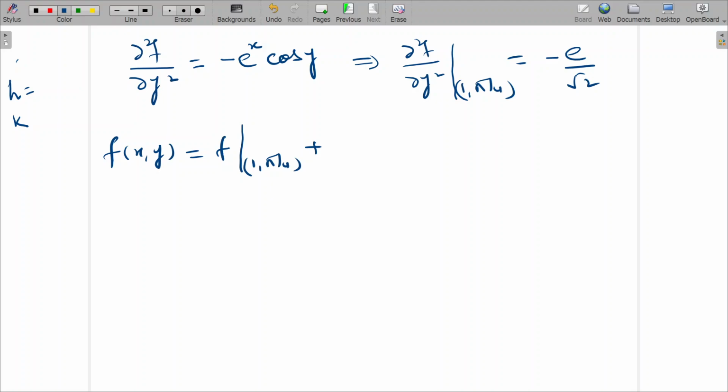So that is simply x minus a, so that will be the value of h, and y minus b will be the value of k.